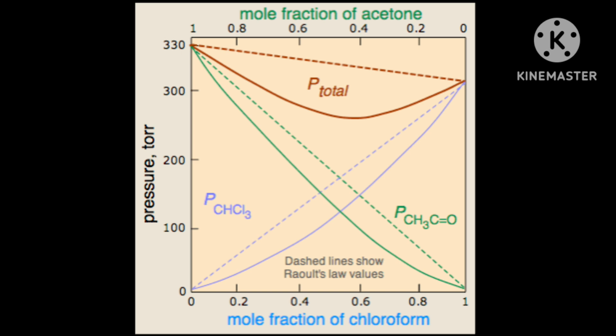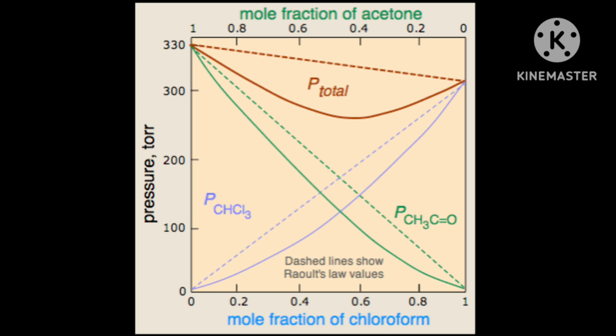If the intermolecular attractive forces between AA and BB are nearly equal to those between AB, this leads to the formation of ideal solution.